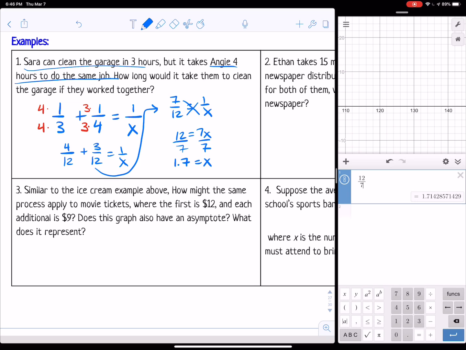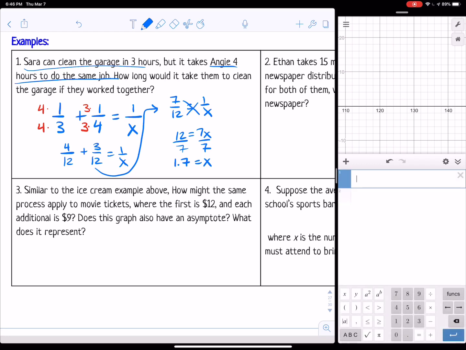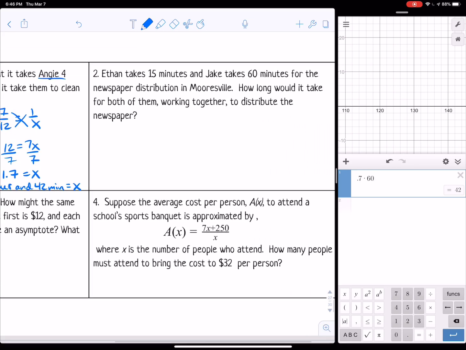Now 0.7 does not really tell me how many hours or minutes, so let me type it in another box. Let's see, 0.7 times 60 would help me put this in terms of hours and minutes. So it would be 1 hour and 42 minutes, which might be a better looking answer for the problem instead of 1.7. Let's look at another one.